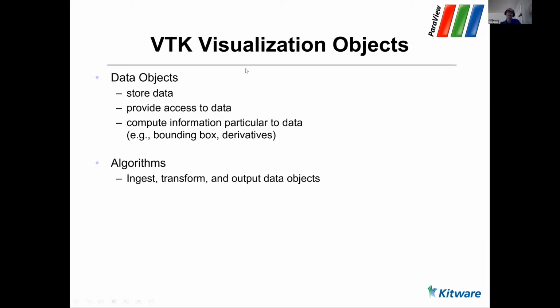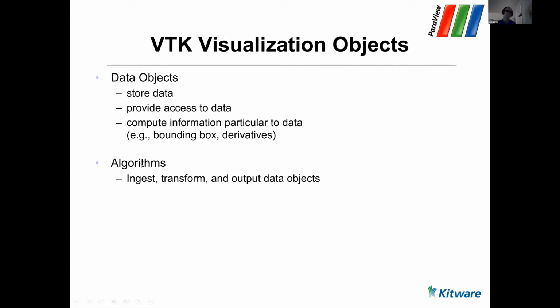Let's go over the VTK visualization objects. There are two kinds of objects that are used in ParaView. VTK has a few more types of objects. In ParaView, when you write your own user-defined filters, you're going to use data objects that store data, provide access to data, and compute information particular to the data.